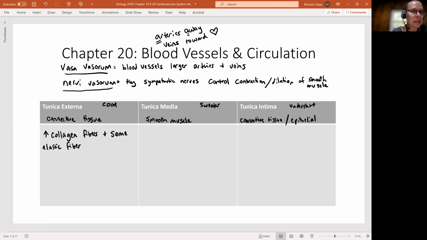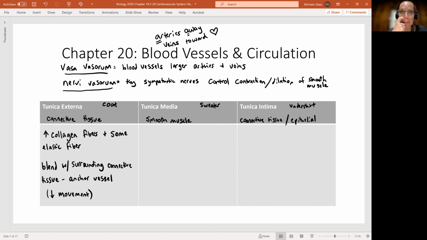And what we'll see is that the tunica externa will, in this case, blend with the surrounding connective tissue, helping to really anchor the blood vessel in place. So I'm going to say anchor vessel. Our textbook uses the terminology of holding the vessel in position, but essentially we're decreasing movement of that vessel.